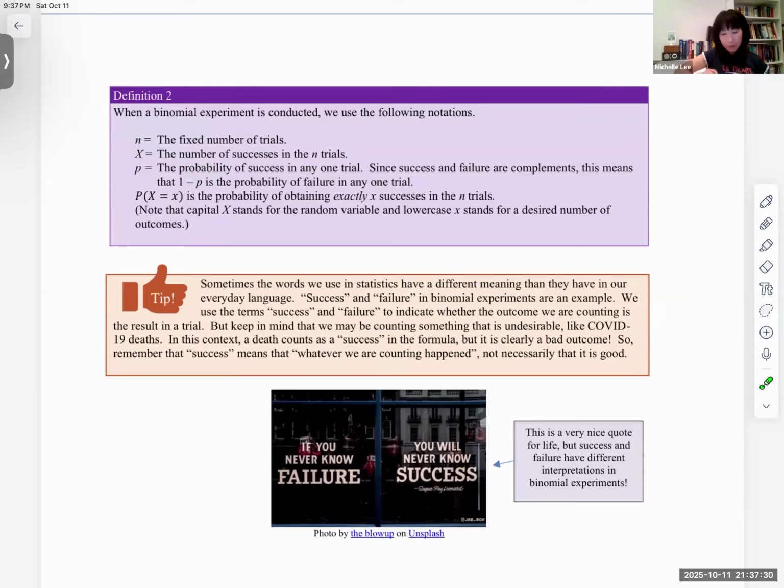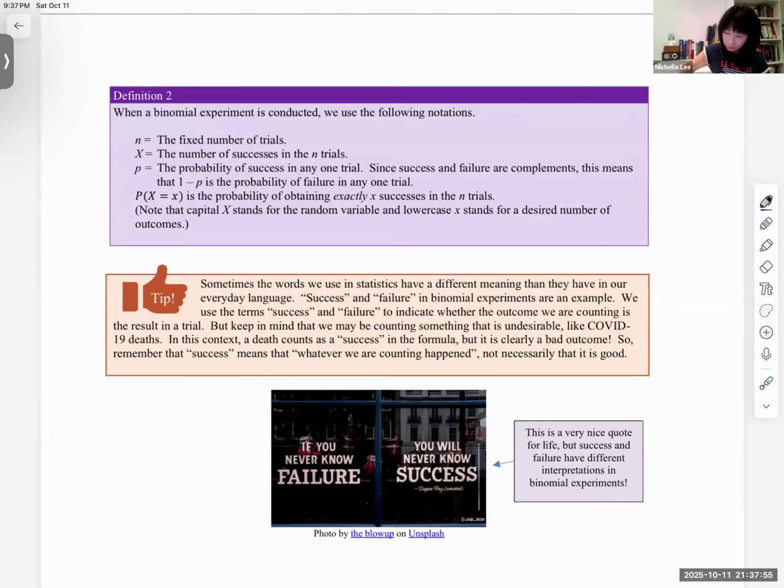Since chapter 5. And in that case, the probability of success in binomial, right? So one trial. And if we say that P equal to probability of success, then 1 minus P will be the probability of failure, right?